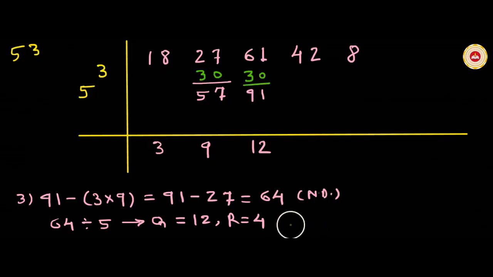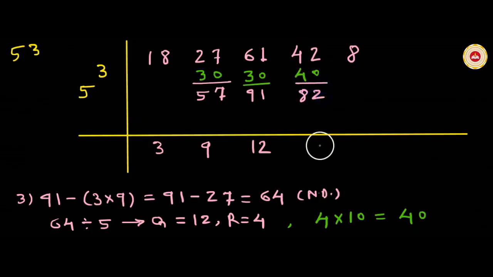See, multiply remainder by 10 and write the product below next part and add it. 8 and 2, 82. This 82 is gross dividend.